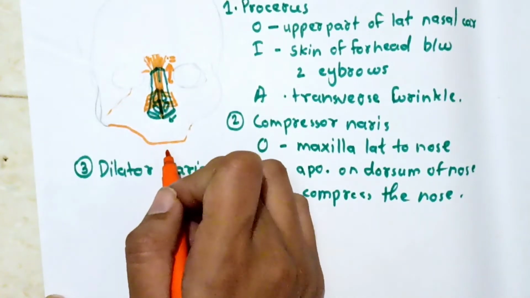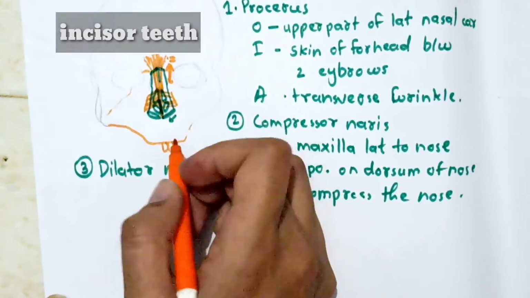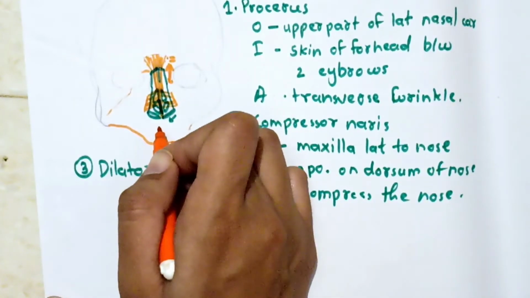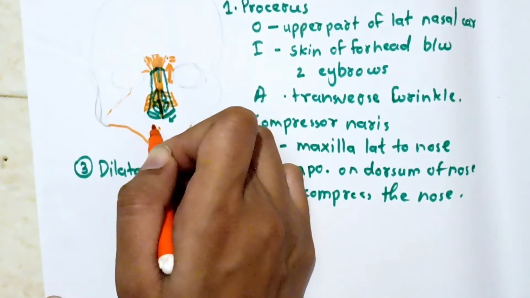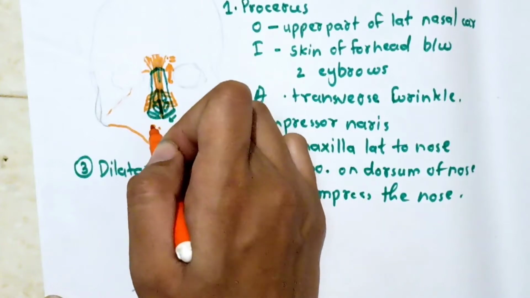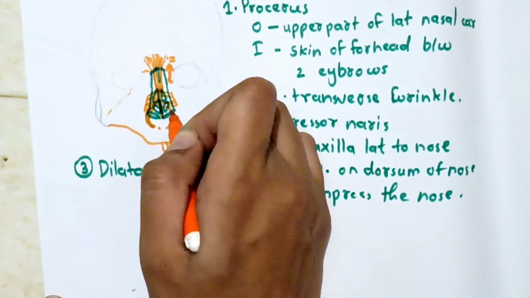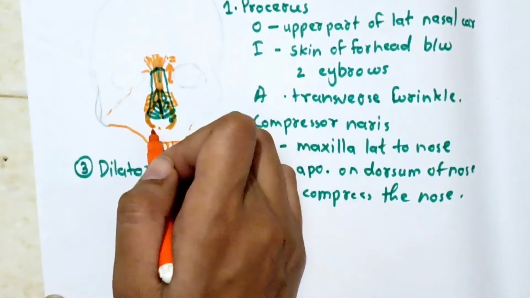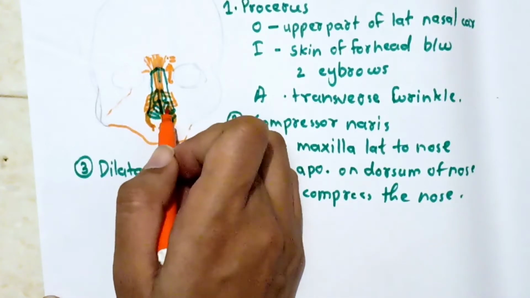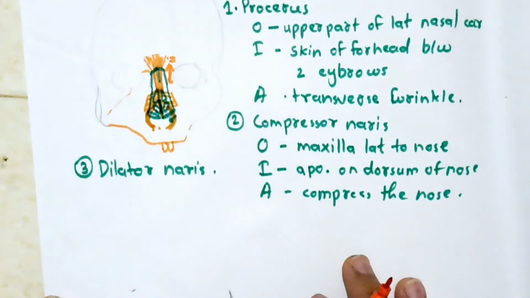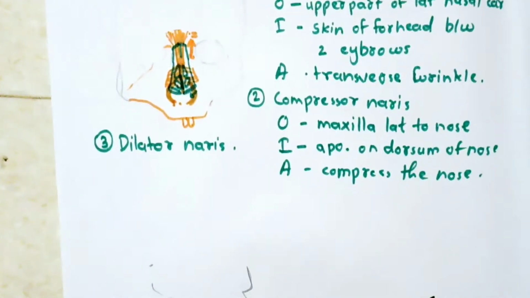We know that there are two incisors; this one is lateral, this is medial. And insertion is on the alar cartilage, like this on both sides, on these alar cartilages which we have drawn here. So its action is it dilates the nostril.